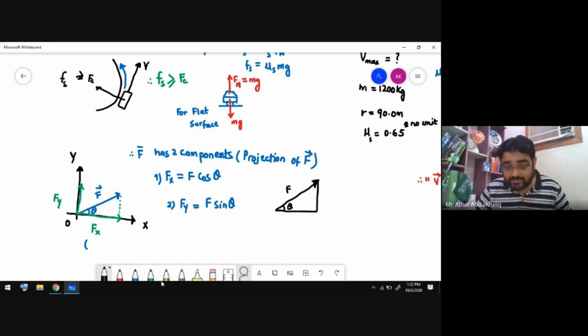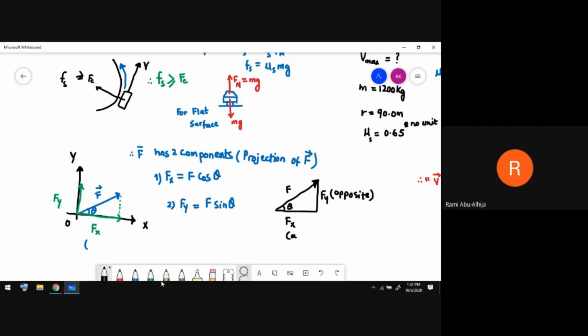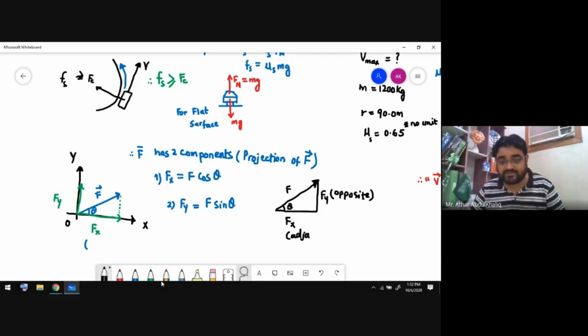This is the base, so this will be fx, and this will be fy. So fy is the opposite, opposite to theta, and adjacent to theta is always fx.